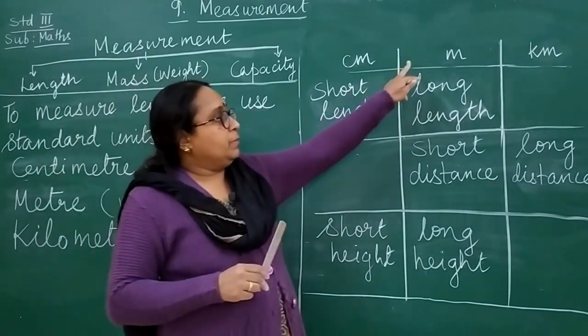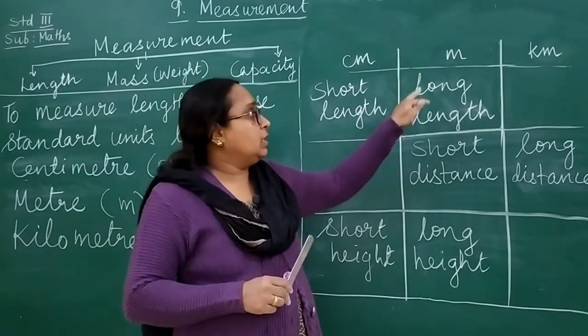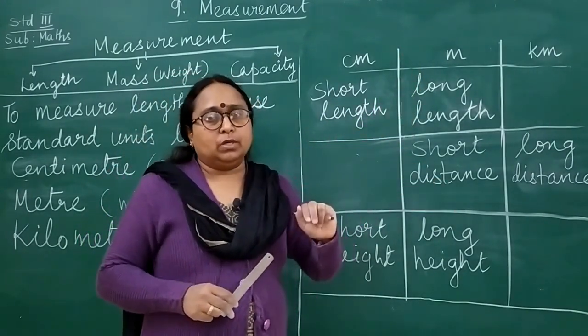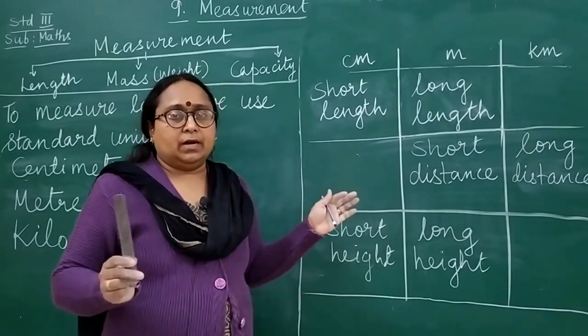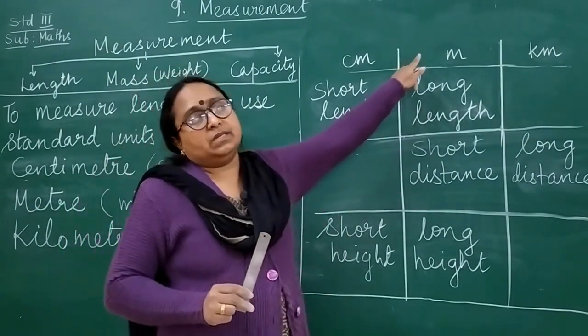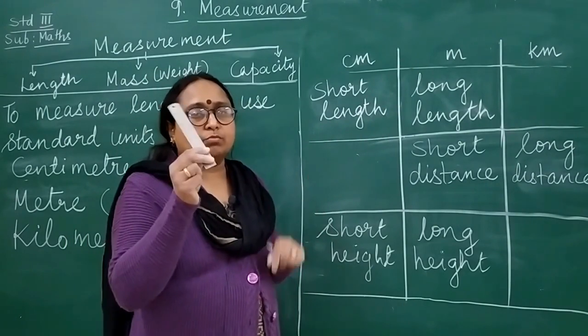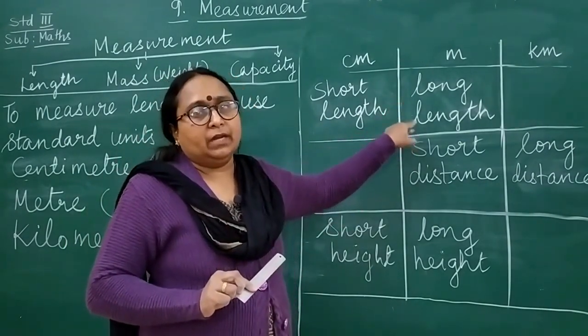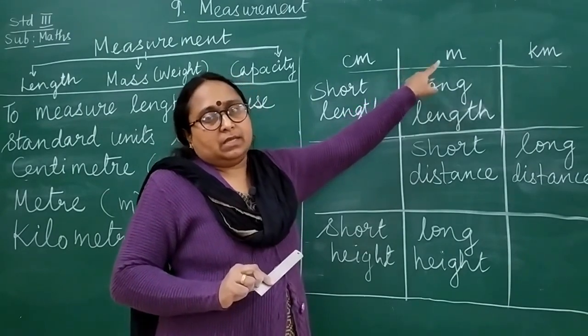Then we use a meter, that is when you measure long length. For example, the length of a room or the length of a car, when you measure you use a meter scale. You can't use a small scale, centimeter scale, to measure long length. For that you will use meter scale.